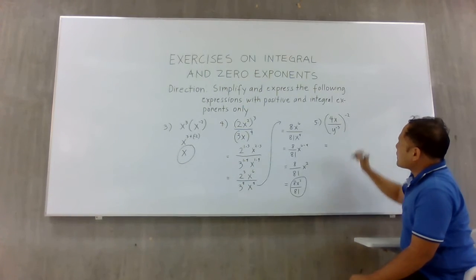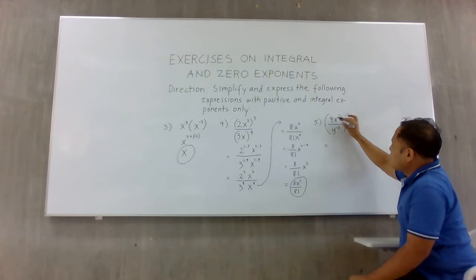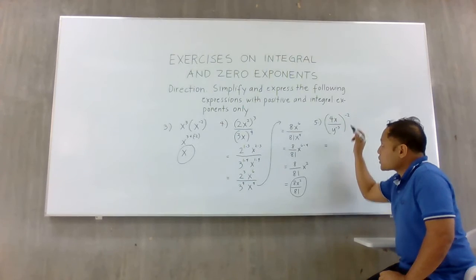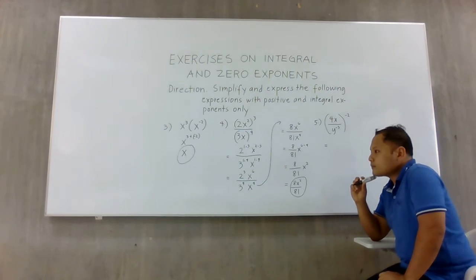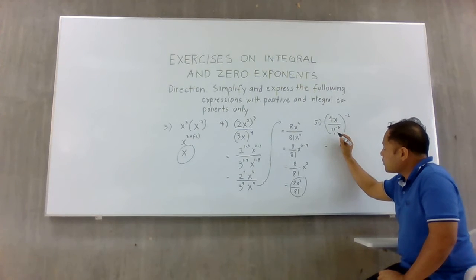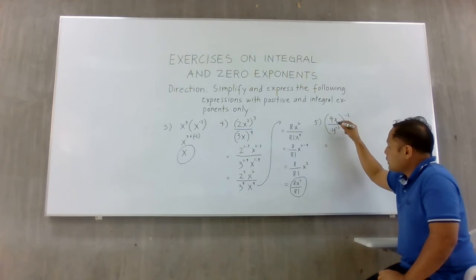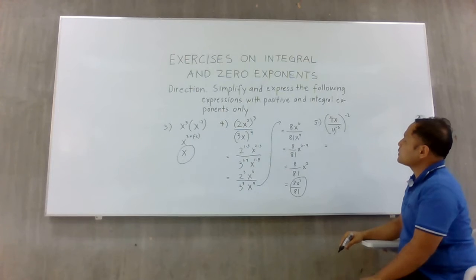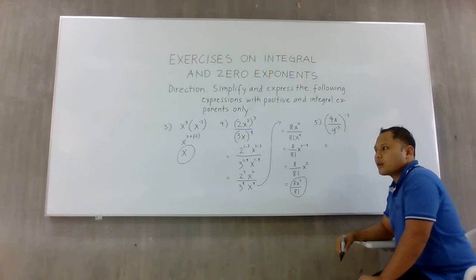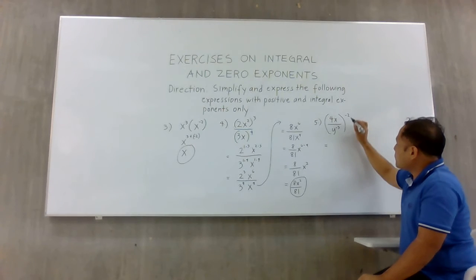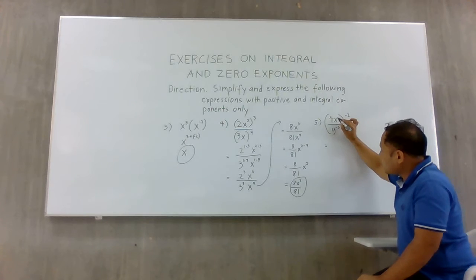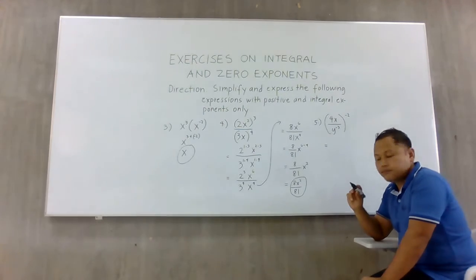Number 5 is, okay, we have the 2y and 3. Notice that inside the parentheses we have a fraction, a rational algebraic expression. The numerator and the denominator have no plus and minus signs, and this one quantity is being raised to the power of -2. We can actually distribute the exponent -2 in the numerator and the denominator.